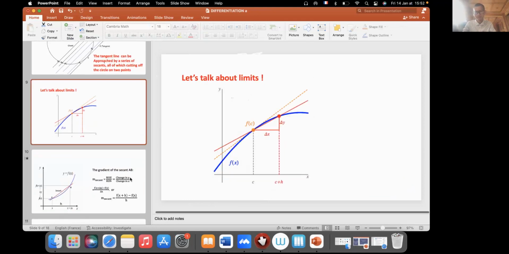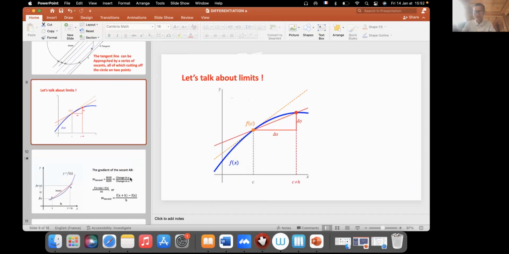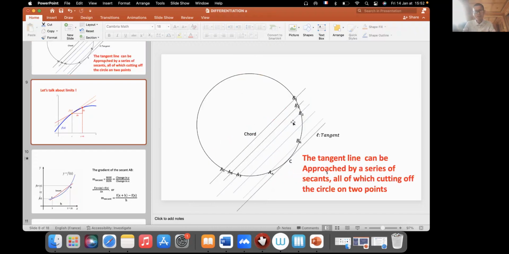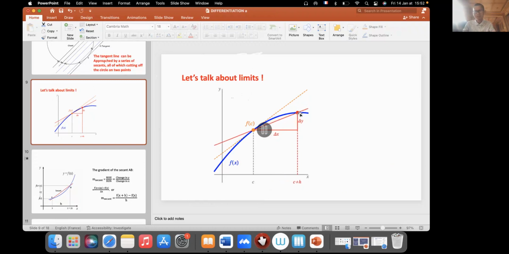Now, Newton returned to the original curve. For an arbitrary curve, pick a fixed point on the curve, c, f of c, and draw a tangent line at this point. And now, as in this experiment, Newton drew a secant line, but he let the secant line pass through the point c, f of c.